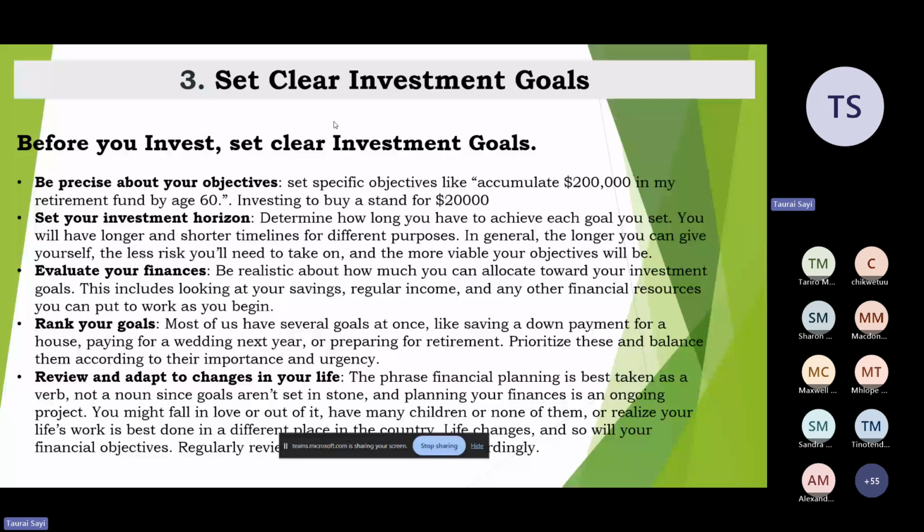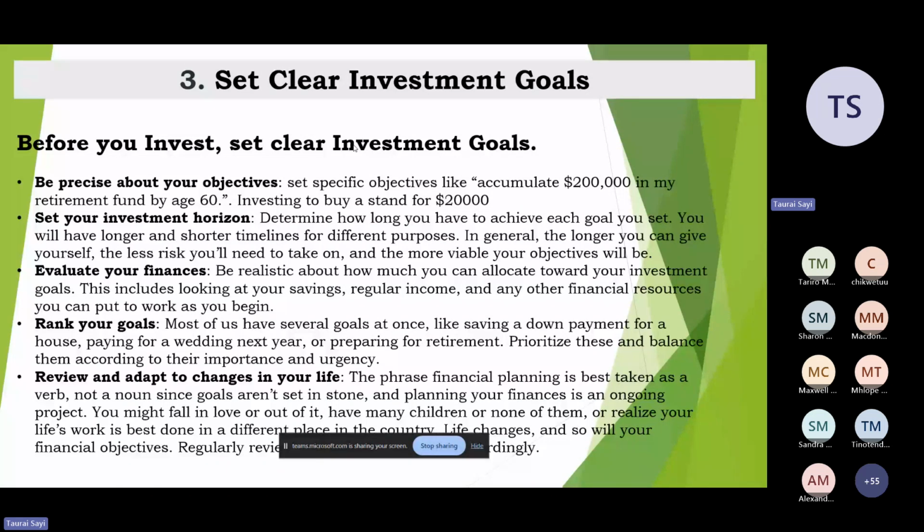You might fall in love or out of it, have children or none of them, or realize your life's work is best done in different places in the country. Life changes, so will your financial objectives change. So it is important for us to review our goals so that we keep abreast with changing times.